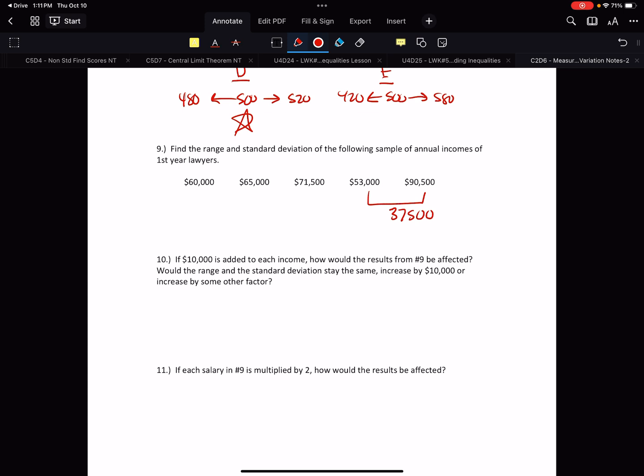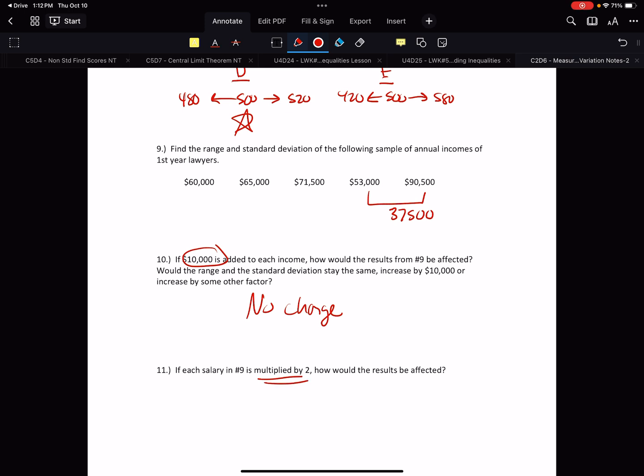Well, if I add 10,000, 63,000, taking it away from 100,500, I don't change my range. So by adding 10,000 to every number, the spread stays the same. The standard deviation does not change because we're not getting the data to be more distributed, wider, more spread out. So since everything went up by 10,000, the spread doesn't change.